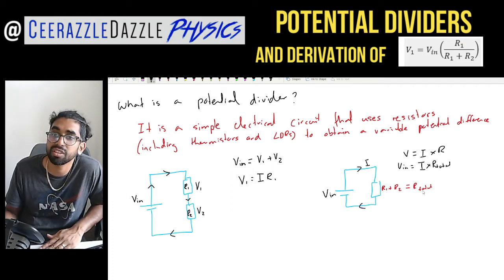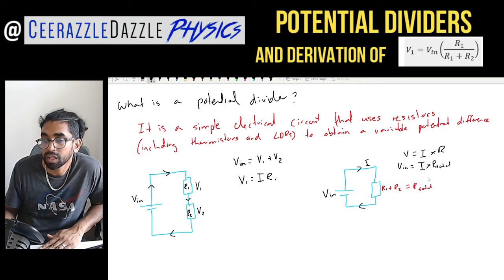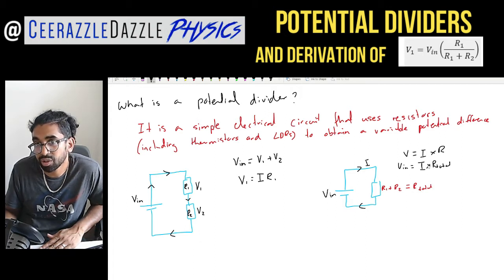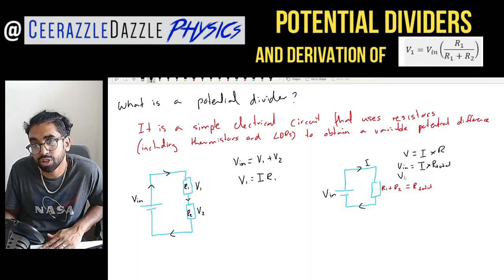There we go, the resistance in total over here. So now, guys, we have an expression for the current. So the next line is going to be the voltage going in will be equal to the current times by, open bracket, R1 plus R2.